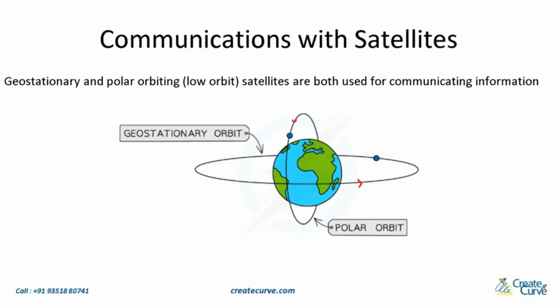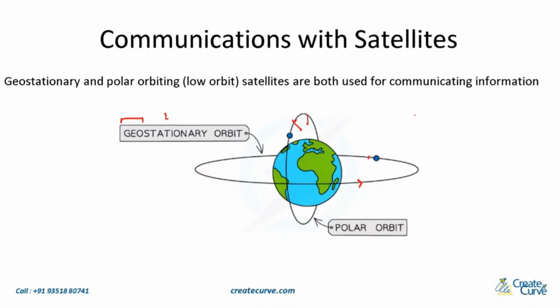Geo is Earth, and stationary is with respect to Earth, so geostationary satellites are stationary with respect to Earth. The polar one is used for weather forecasting and the like, since it can give a clearer picture as its orbit is small. Geostationary is used for communication or TV broadcasting.